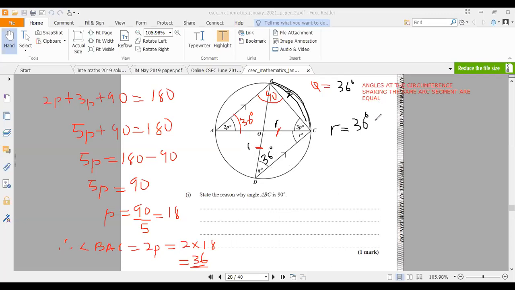So that means this is 36 degrees because this is square because, okay, I'm just going to use one because triangle DOC is what?